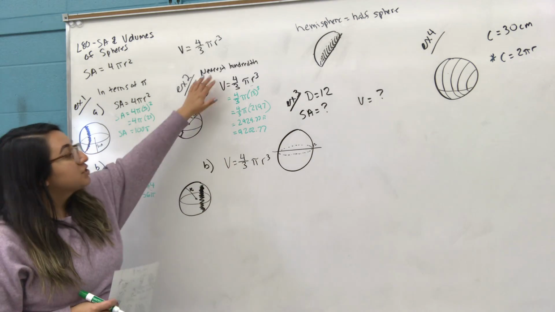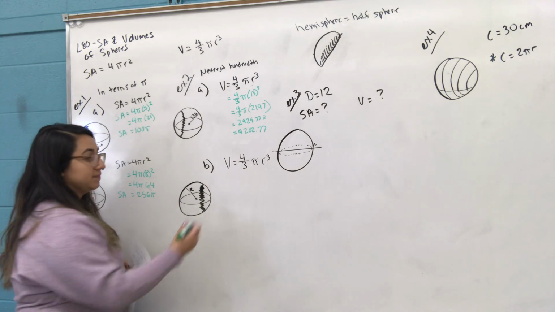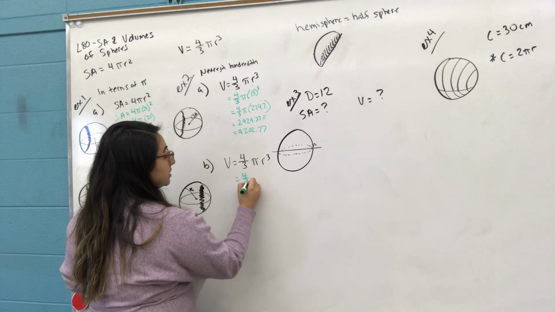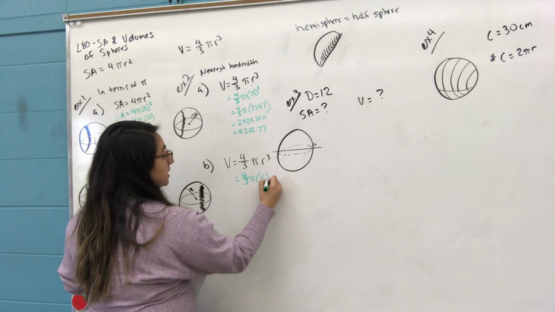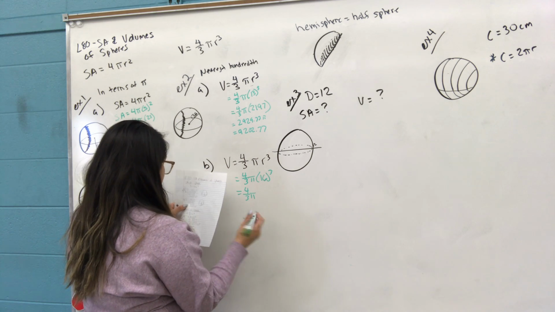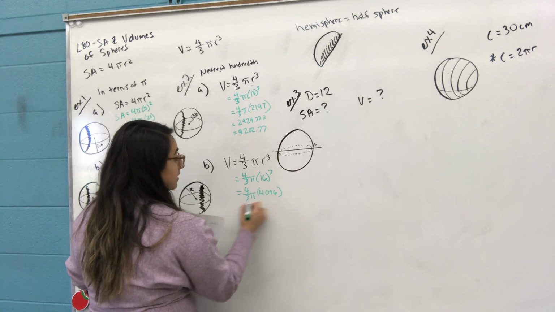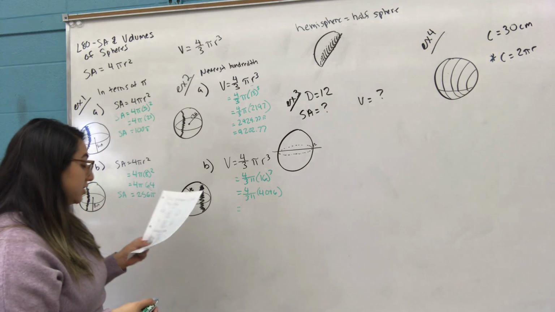B, again, nearest hundredths. We go ahead and solve for it. So the radius here is 16. We go step by step. 4/3 times pi times 16 cubed. We go ahead and simplify the exponent. The exponent will be 4,096. I multiply the two numbers, a fraction and a number.